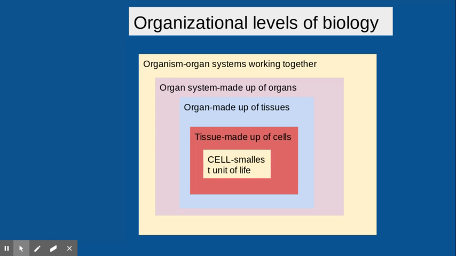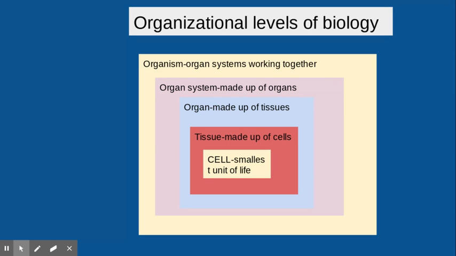So first we have the cells. Tissues are made up of cells, and organs are made of tissues. So like when you think of your heart, there's all this kind of tissue there. There's cardiac muscle tissue, and there's all other kinds of tissue inside that heart working together to make up that organ.